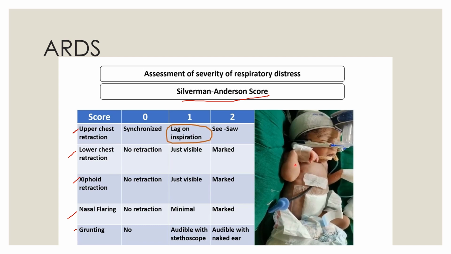Lower chest retraction, if it is just visible, 1 point. Marked, 2 points. Again for xiphoid, it is just visible and marked. Nasal flaring, minimal flaring, 1 point. Marked flaring, 2 points. Grunting, audible with stethoscope, it is 1 point. Audible with our own ears, it is 2 points. So there may be some questions asking to calculate the Silverman score.